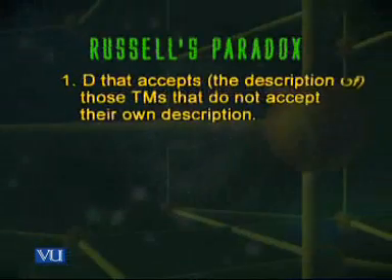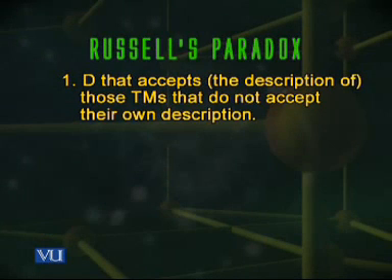In the first case, we simply ask the question, does the Turing machine D accept its own description? And we realize that D accepts its own description if and only if D does not accept its own description. On the other hand, in the second case, we realize that the barber will have to shave himself if and only if he does not shave himself, which is once again an absurdity.